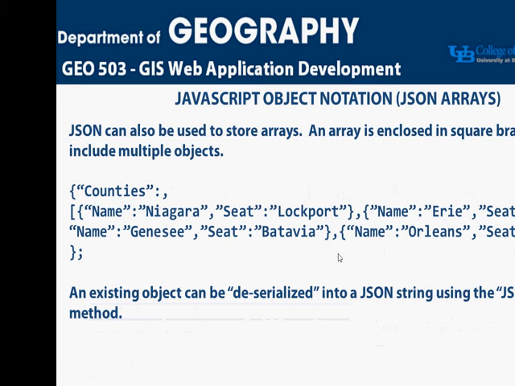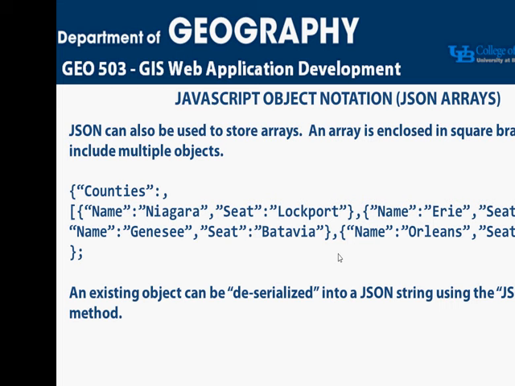What makes this a little more complicated is this JSON text is defining multiple objects of the type counties. So I'm starting with curly brackets, with counties in a string, colon. So the first item is the name of the array.